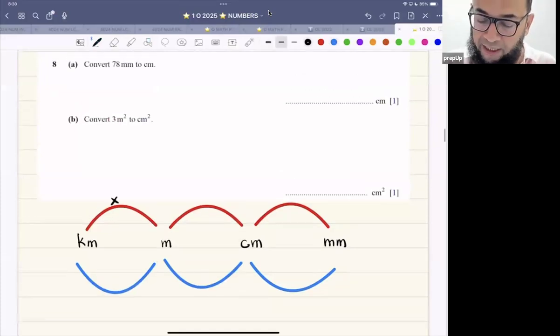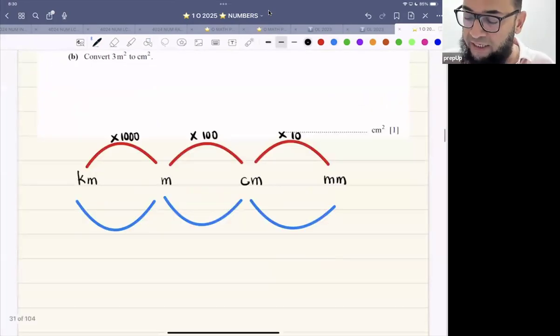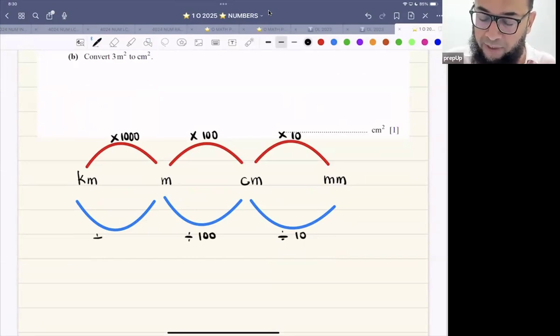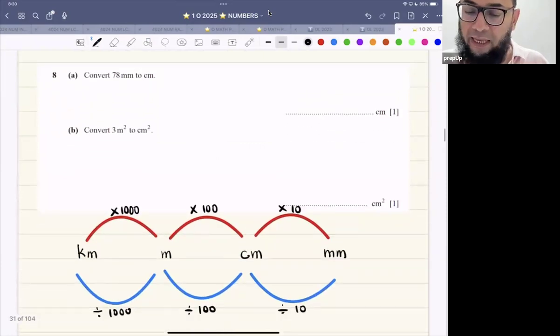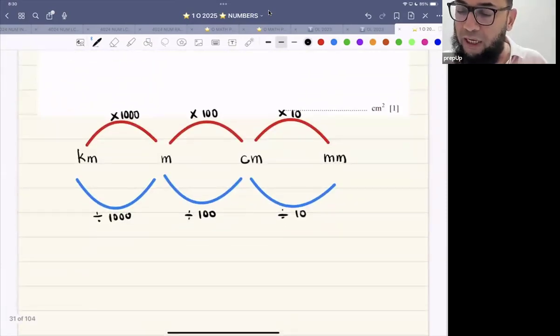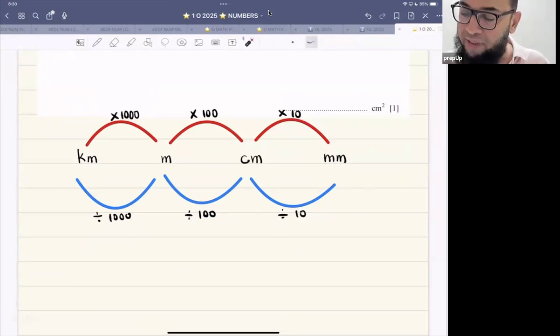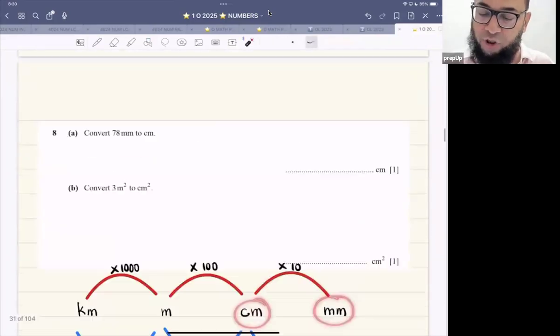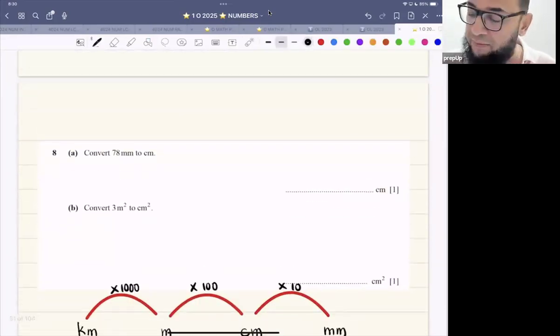This is multiplied with 1,000. Multiplied with 100, multiplied with 10, divided by 10, divided by 100, divided by 1,000. Just remember this. Millimeter to centimeter. So now if I'm talking about millimeter to centimeter, that's division by 10. 78 millimeter is 7.8 centimeters.